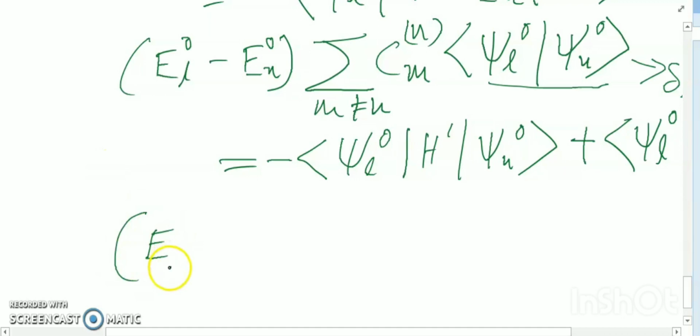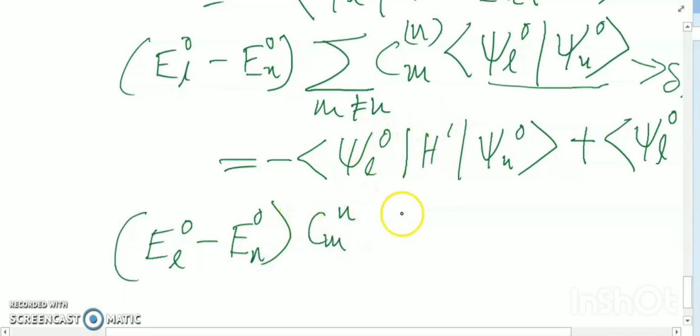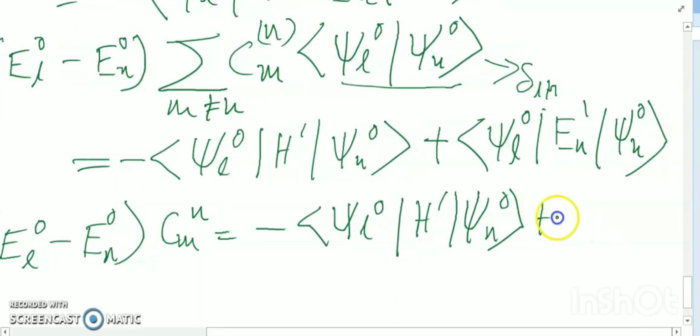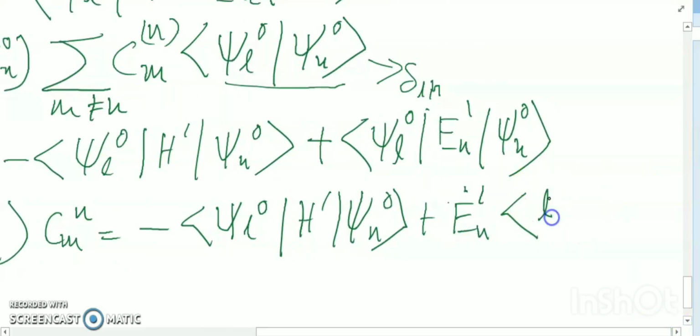So we get E l0 minus E n0 times c_ln equals minus psi l0 H prime psi n0 plus E n1 times the bracket of psi l0 and psi n0, the wave functions.